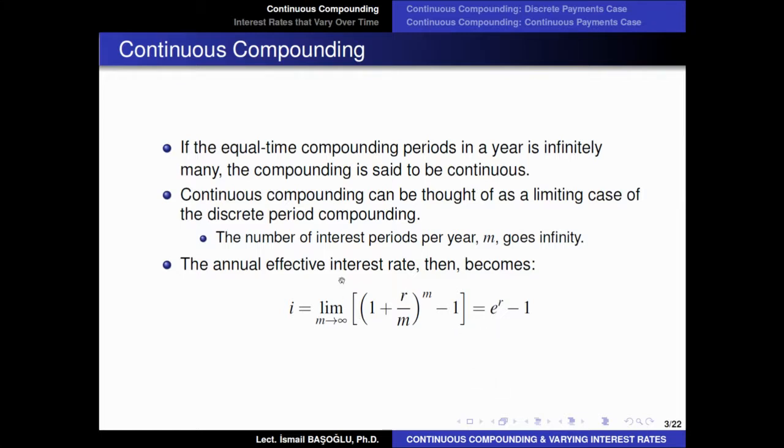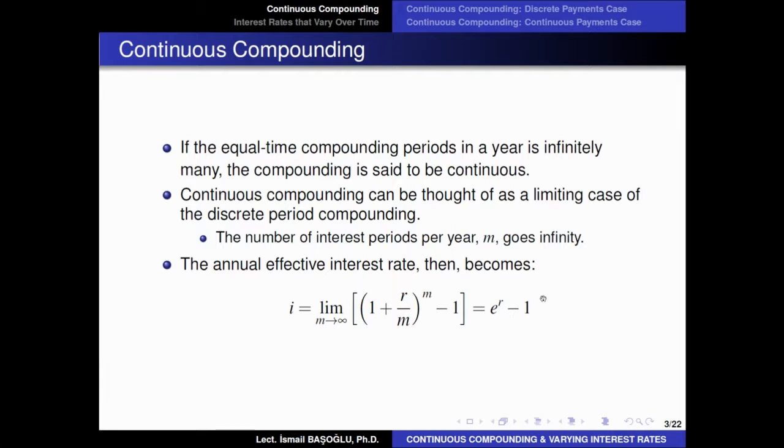So you see, if we have continuous compounding and the nominal interest rate r, then the annual effective interest rate will be e to the power r minus 1. So we can directly use the nominal interest rate to calculate the annual effective interest rate under continuous compounding.